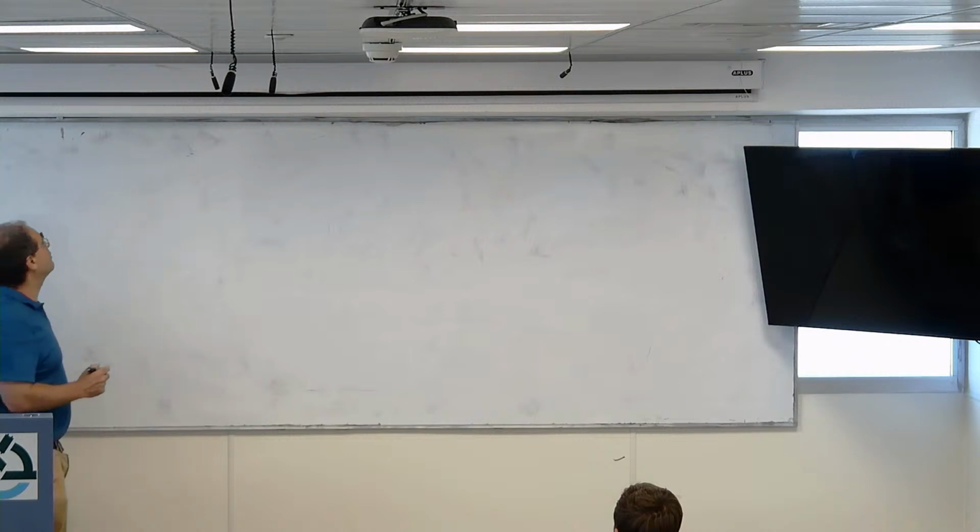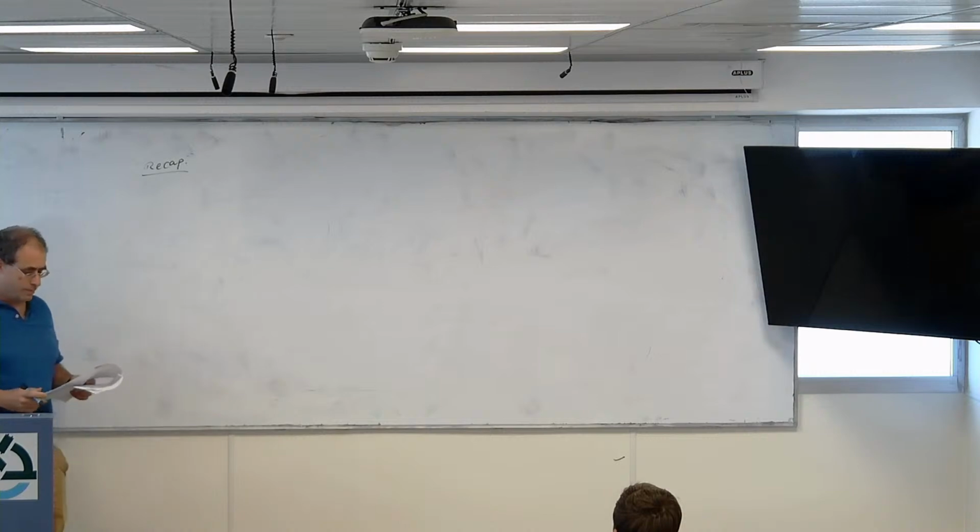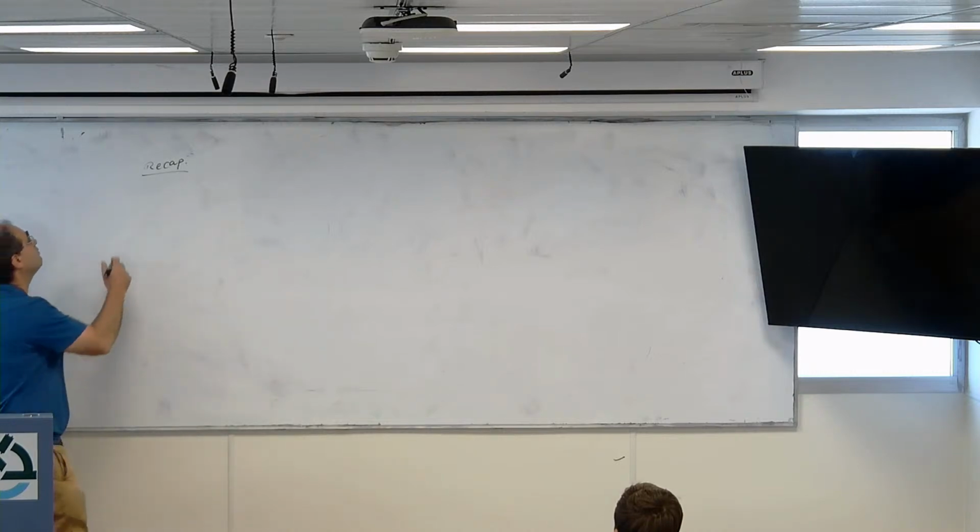So last time we have a quick recap before we move on. We spoke about the geometrical interpretation of the covariant derivative.